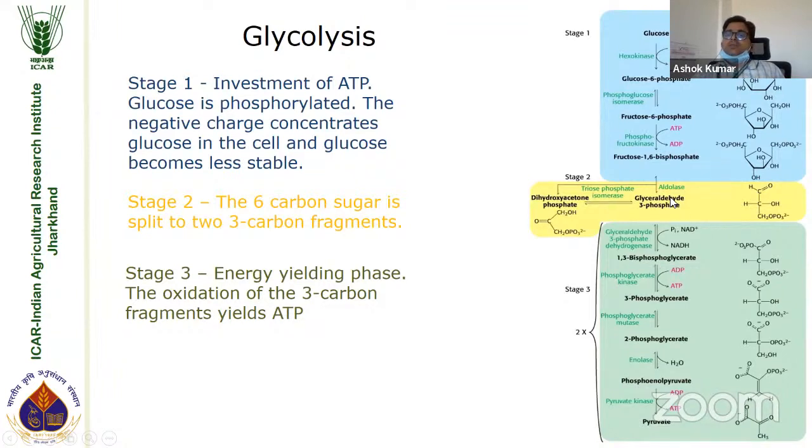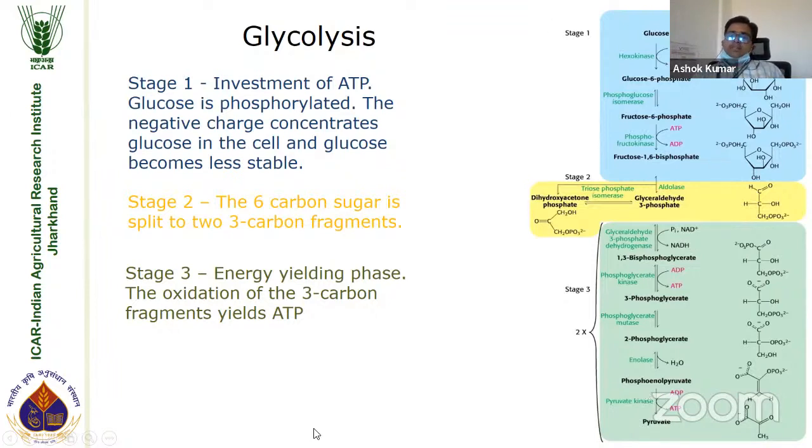So glyceraldehyde 3 phosphate will get into the third stage of the reaction, and since it is entering into the reaction, the equilibrium shifts toward glyceraldehyde 3 phosphate, and this sets the flux for the downstream glycolysis process.